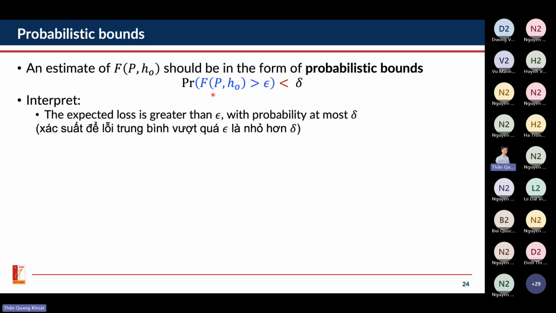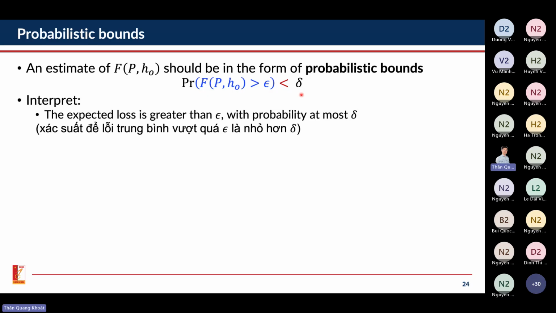So essentially, we can borrow some ideas from probability. That is, we want to make a statement like this: we want to show that the probability that the population error is larger than epsilon should be less than delta, okay?